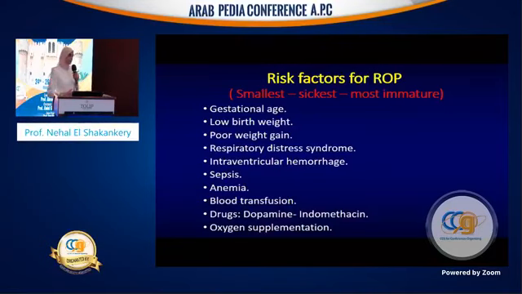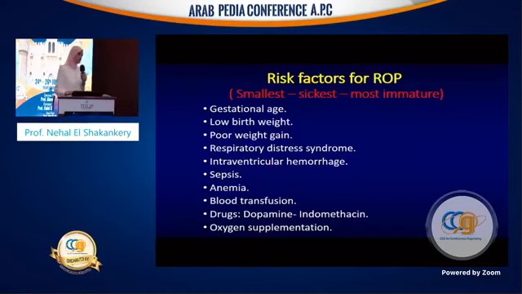Poor weight gain, this is very important. Poor weight gain indicates that this infant has a high risk of developing retinopathy of prematurity because it is related to insulin-like growth factor.